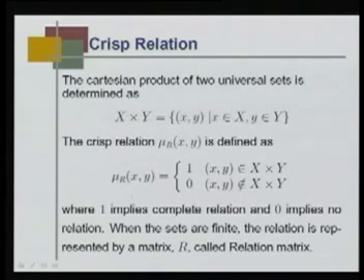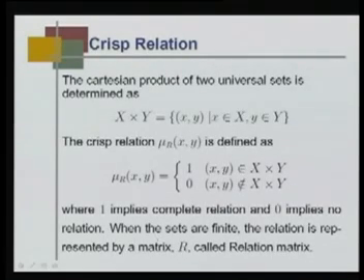So, mu r x y is either 1 or 0. This is 1 if x y belongs to the Cartesian product, and 0 if x y does not belong to the Cartesian product space. So, what is the meaning of 1? 1 implies complete relation and 0 implies no relation.